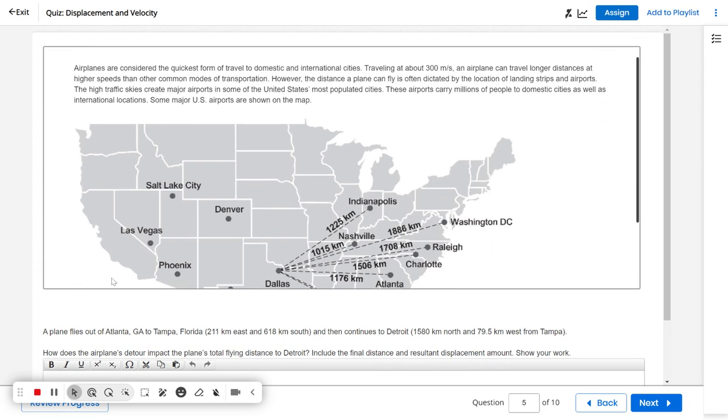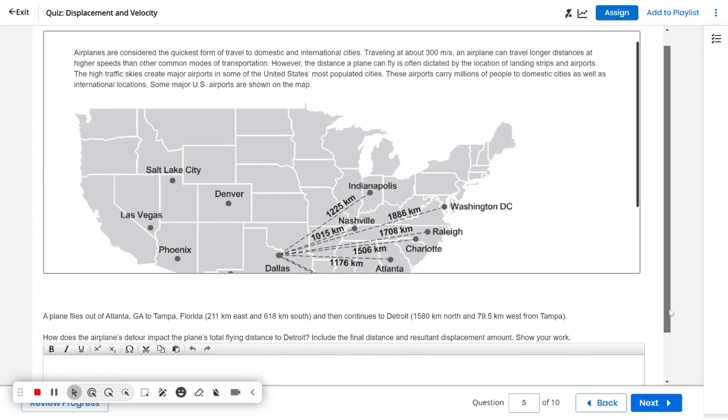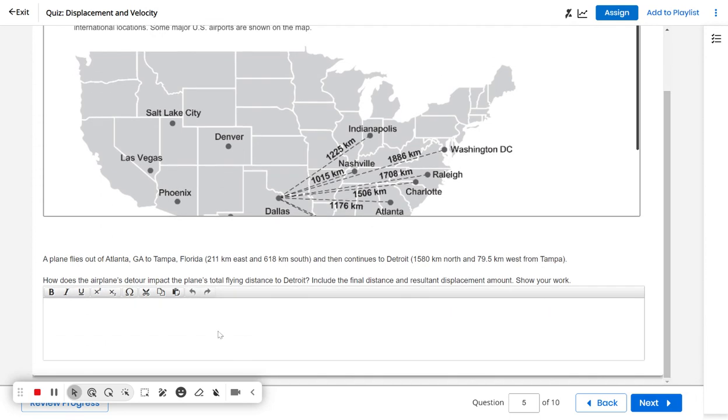If you notice real quickly, this problem says the exact same thing as the last problem. So we're still using the same prompt. But let's look into the instructions. There you go. So we have a plane that flies out of Atlanta to Tampa, then continues to Detroit from Atlanta.